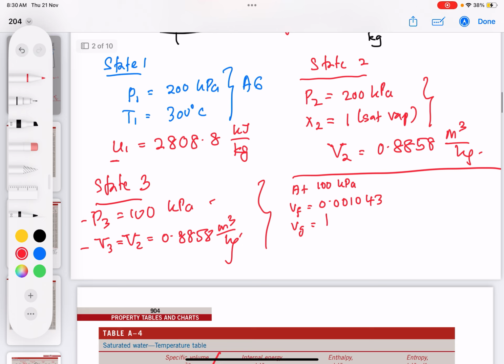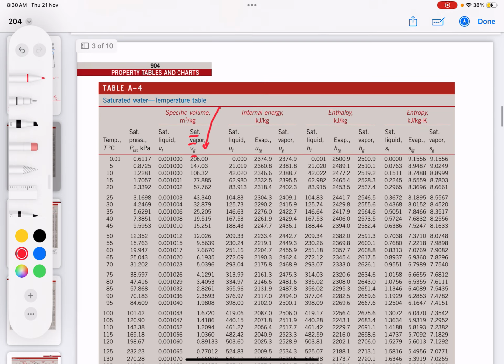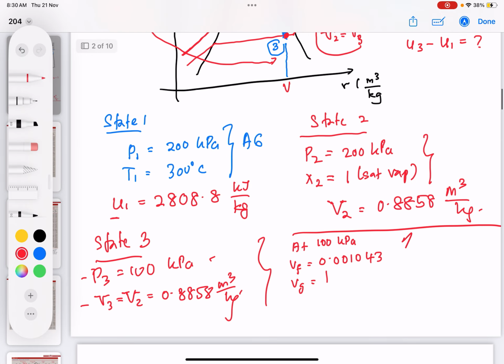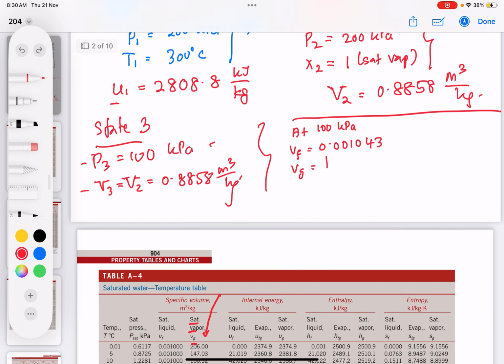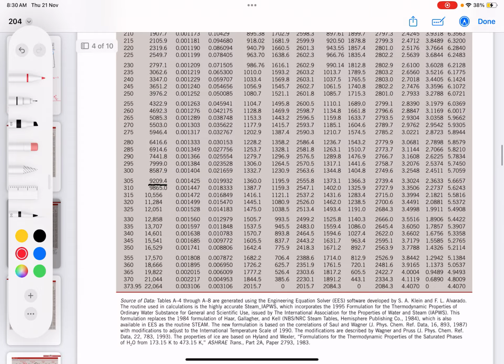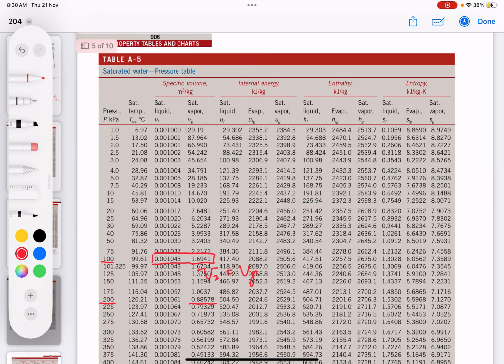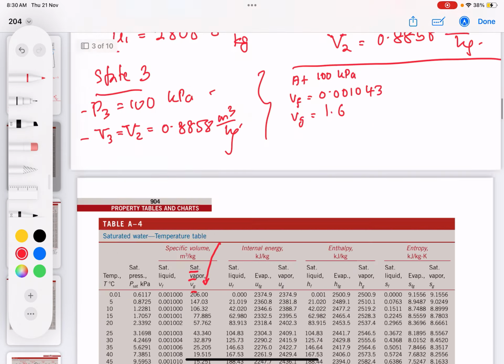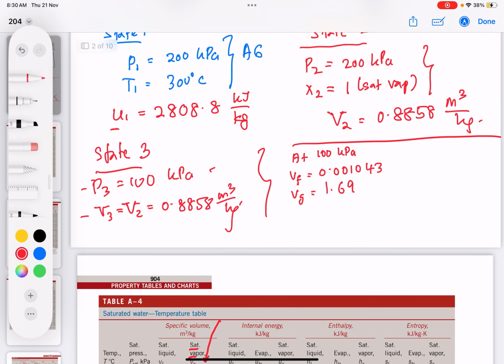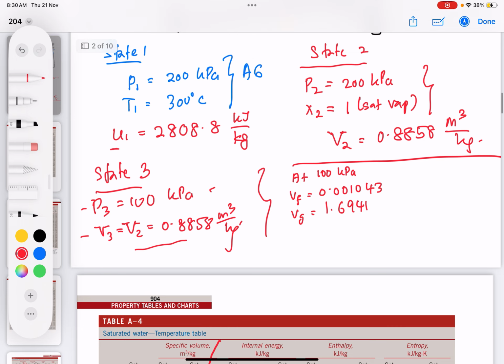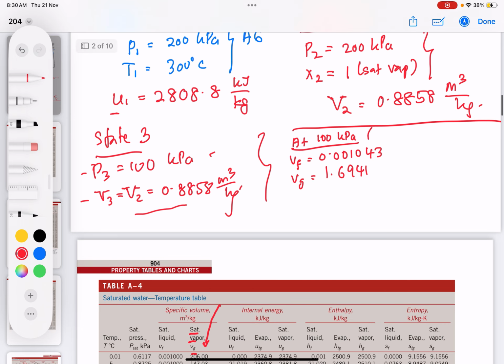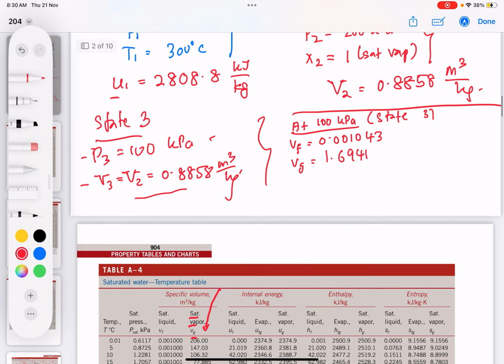After I get the value of steam quality, I can use it to find U3. My value of V3 is equal to 0.8858.